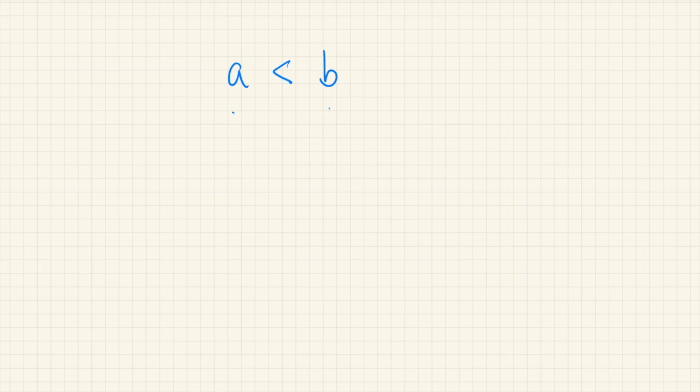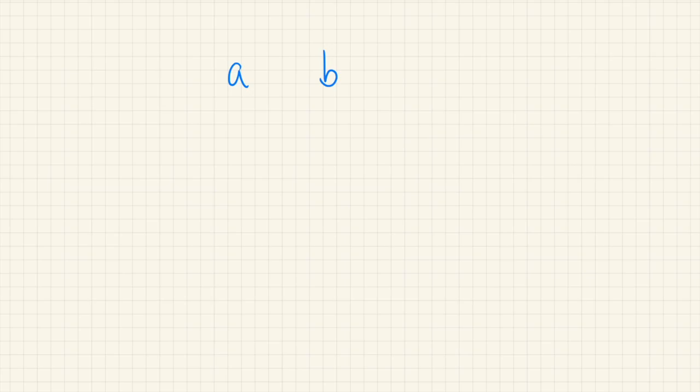Okay, so let's start. We are going to consider many kinds of relations. So instead of writing equal, or less than, or greater than, or whatever, we can use any symbols to express relations.